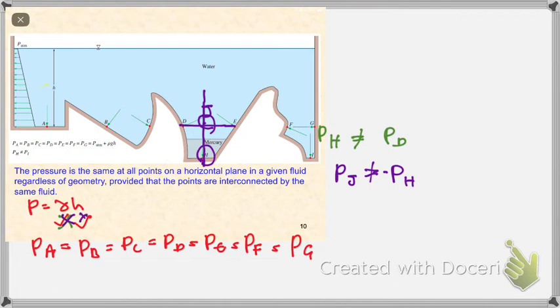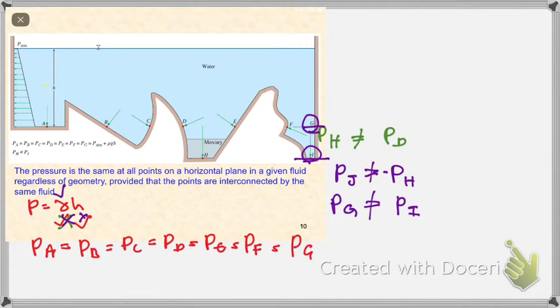Next we compare another pair of points. We take G and I, PG and PI. Are these two points acting in the same liquid? Yes, both are in water, so the density is the same. But are these two points at the same elevation? No. G is higher than I, so it's not the same.